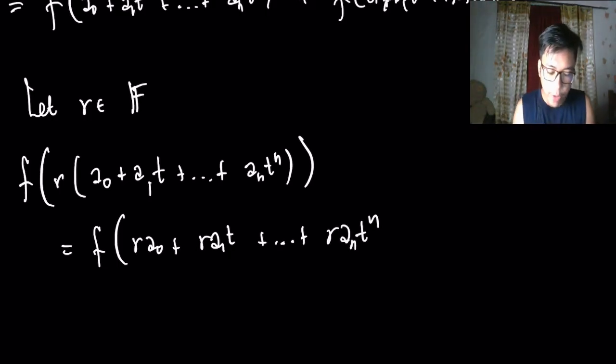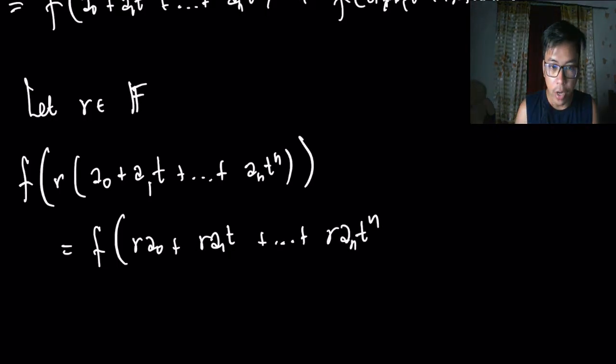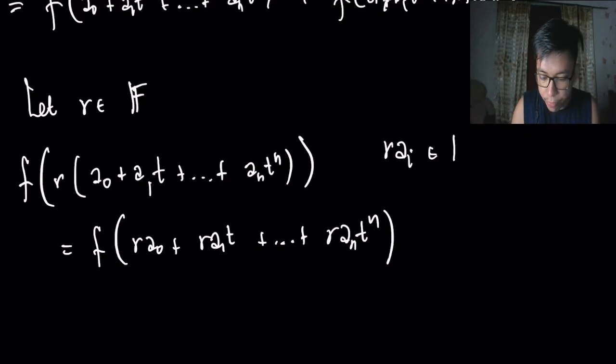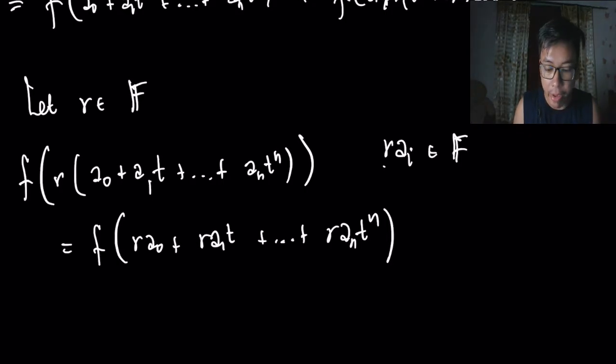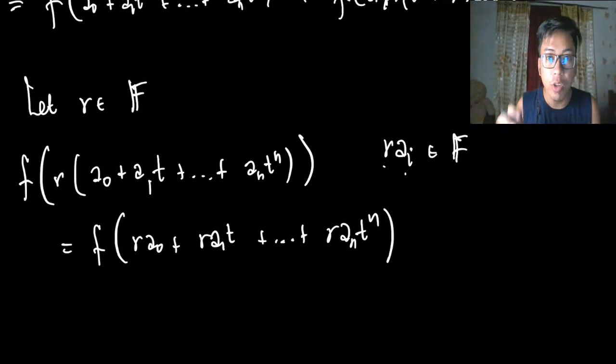Now if you notice, r is a scalar, and the a_i's are also scalars, so they're coming from the field. Remember, the field is closed under multiplication, which means that r a_i is also an element of F, because r is an element of F and a_i is an element of F, so the product is closed.